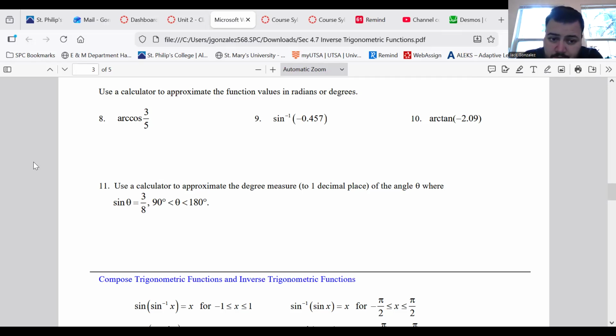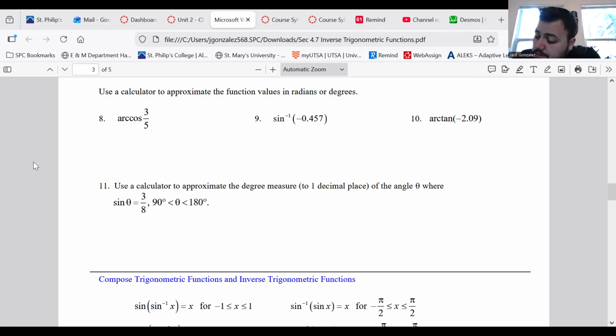This is: use a calculator to approximate the degree measure to 1 decimal place of the angle theta, where sine theta is equal to 3/8.